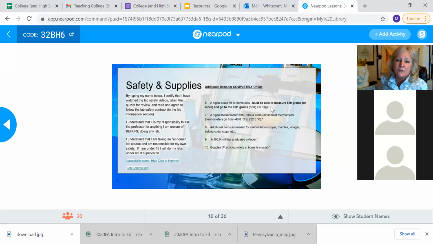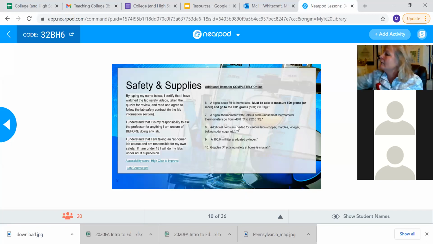A 10th gram doesn't work when you're using vinegar and baking soda for a lot of the labs, because if it's only a 10th and you're looking for a very small amount, I found that only the 100th gram works.